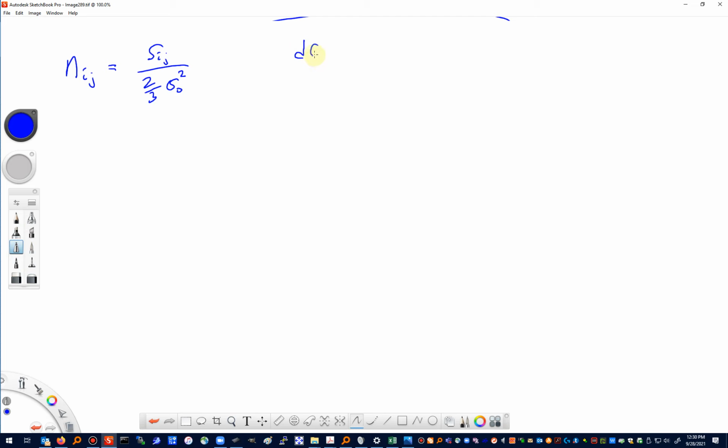For d epsilon p is equal to d lambda n dot d sigma times n. So what do we have right now? D epsilon ij plastic is equal to d lambda. I'm going to write it like this, kind of mixing some of my notation. N dot d sigma. And then I have the Nij right here.